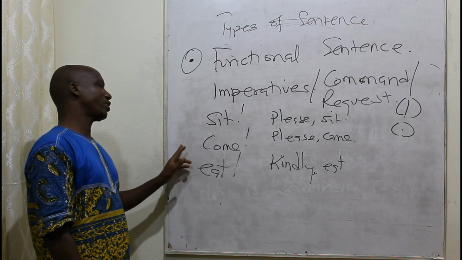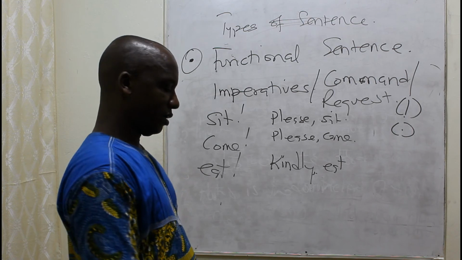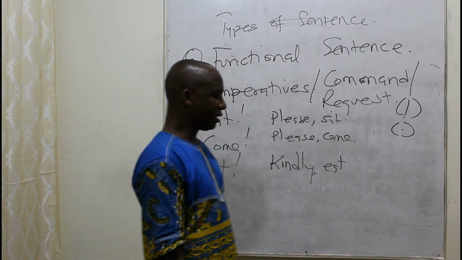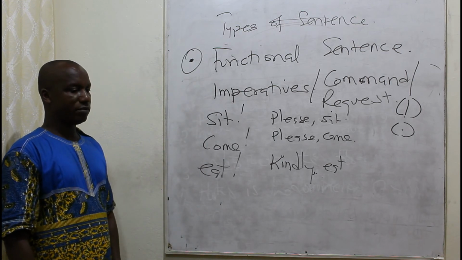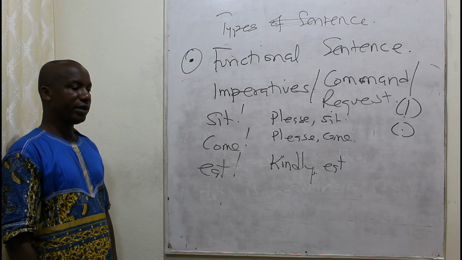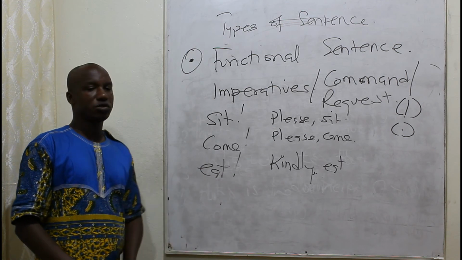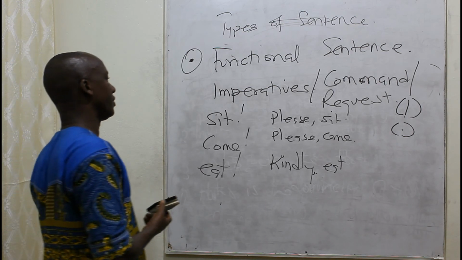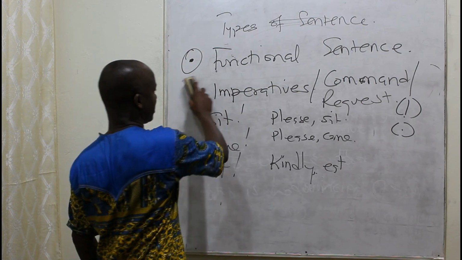So that's the difference between command and request. So you can give a command by shouting at the person, sit down, it's a command. Come, command. Go away, it's a command. So that is the command and the request.